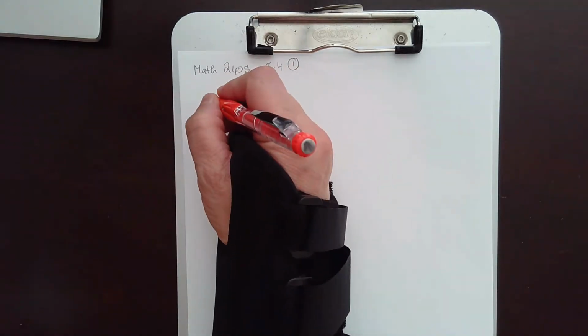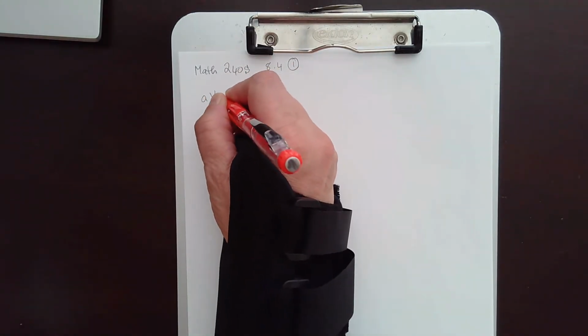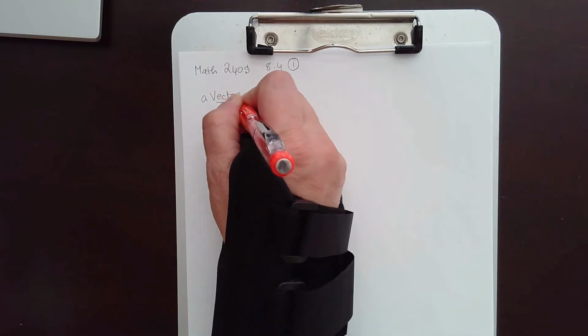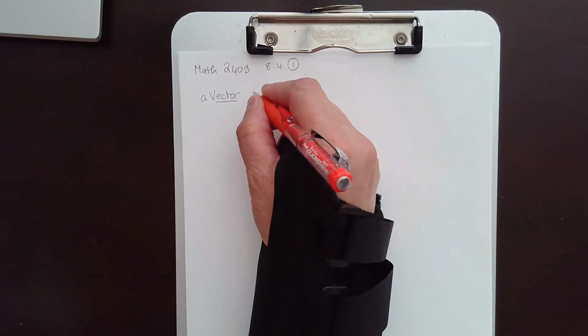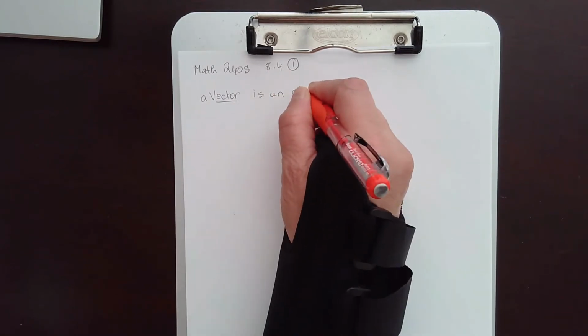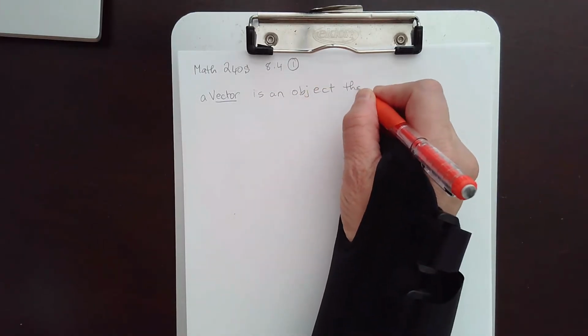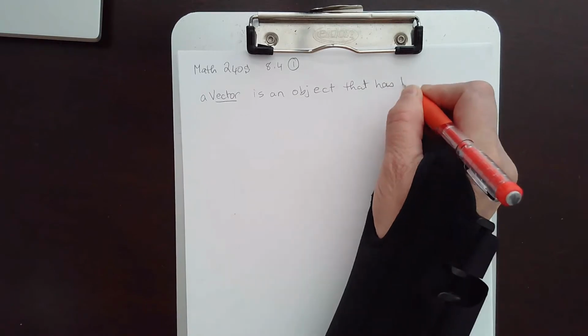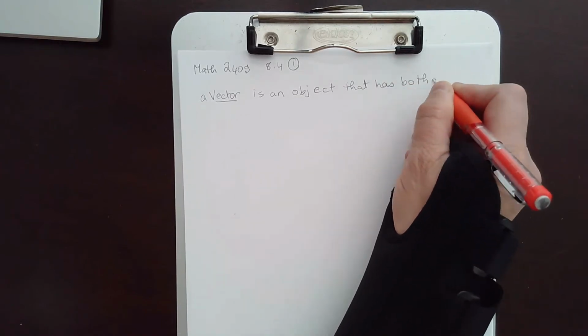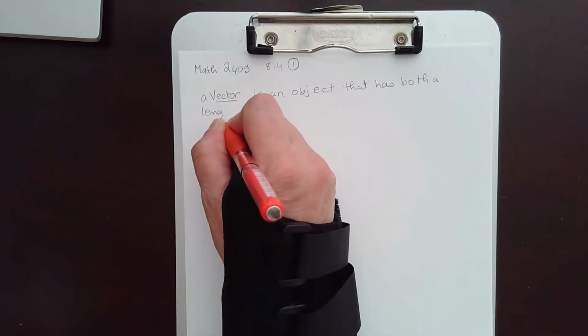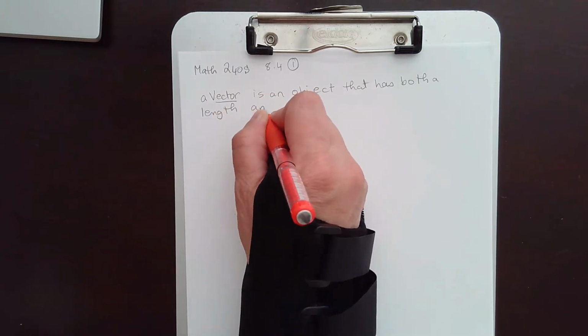What's a vector? A vector is an object that has both a length and a direction.